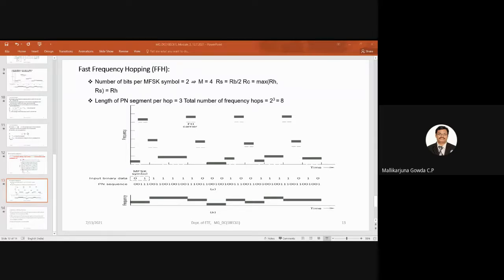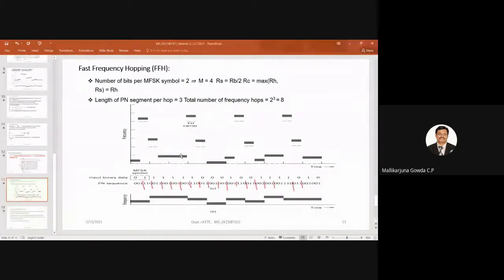One minute, I will make it so that at least I am trying to divide this sequence. For every 2 bits, there will be one 3-bit sequence. Now we are able to see.